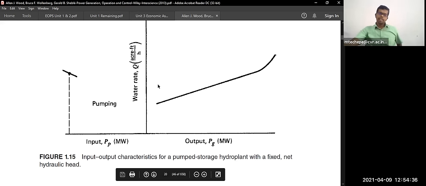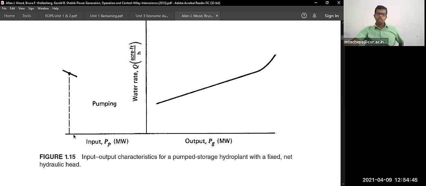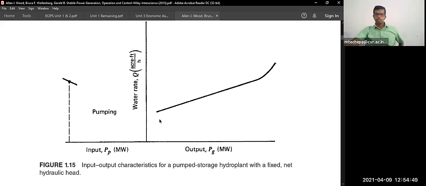If you see, this is the input-output characteristic, which you already know. For pumping, the characteristics might be the same. Whatever generation we are doing, approximately 50 to 60% of the power from generation we have to utilize.